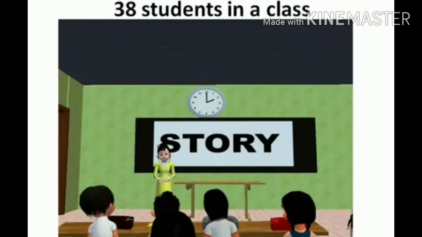Let us understand it with a simpler example. There are 38 students in your class. If someone asks approximately how many students are there, then you can say about 40 students. Is it the right estimation?